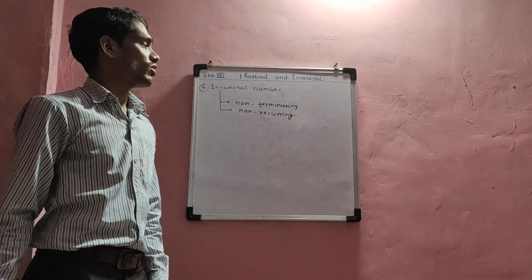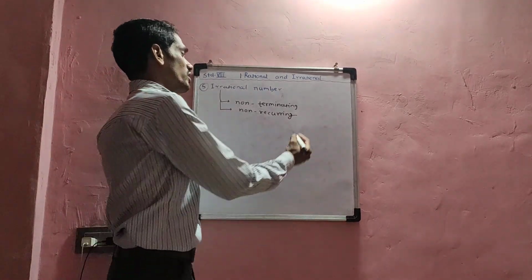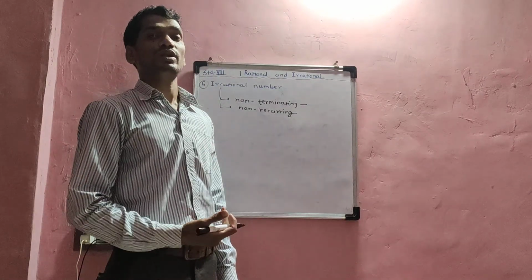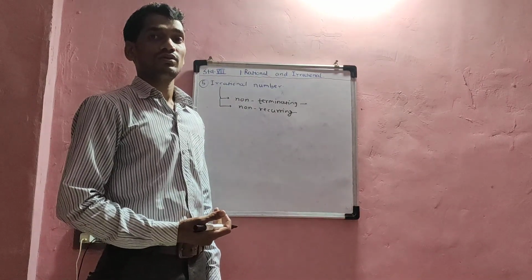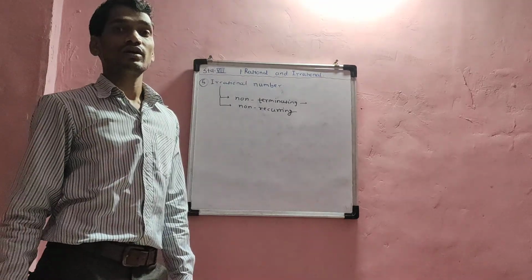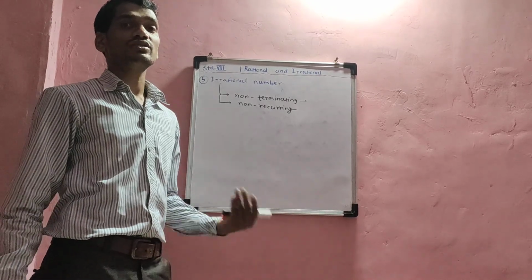What is meant by non-terminating? It means if you divide it, the division will not complete. And what is non-recurring? Non-recurring means the values are not repeated.